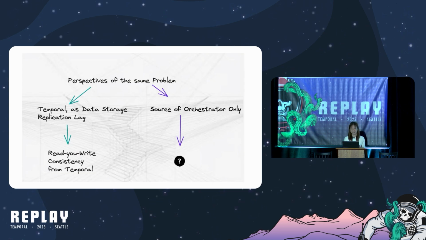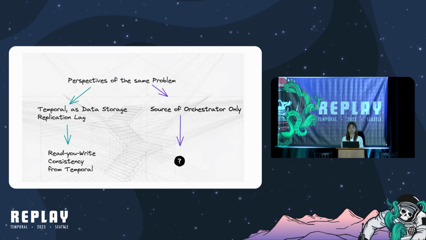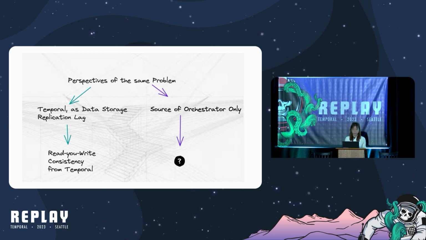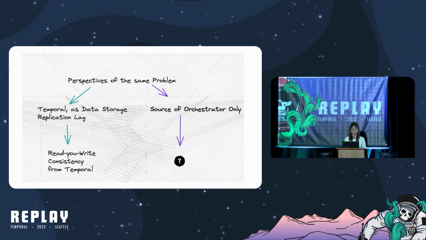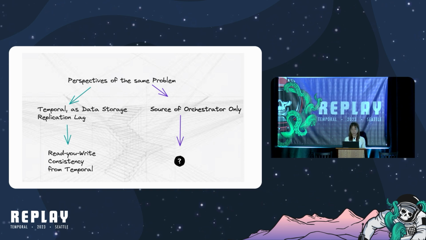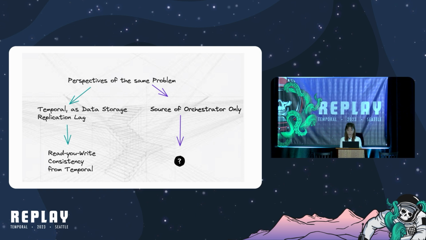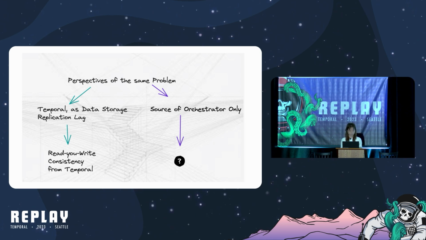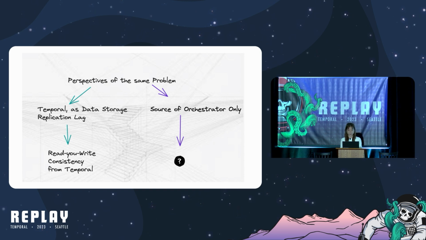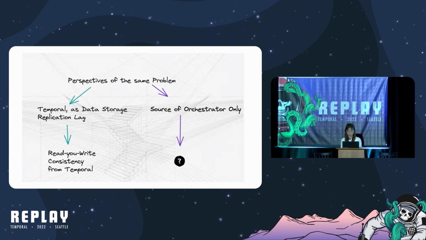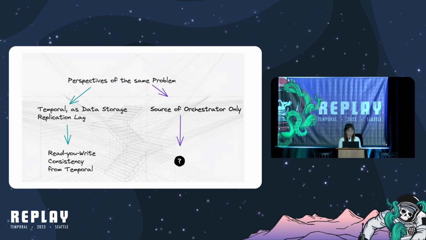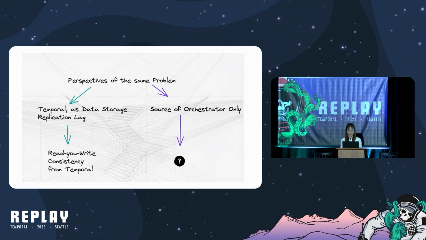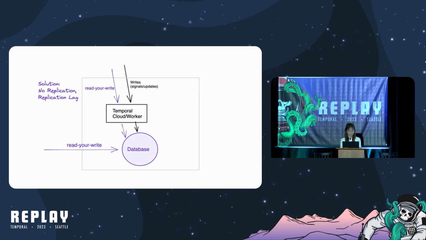Now let's explore an alternative perspective to enhance our quest for read-write consistency. Instead of perceiving Temporal as a source of truth, we can view it exclusively as an orchestrator. In practical terms, this means we shift away from the local context as the source of truth for business states, but we can still return orchestration-related flags within the local context.